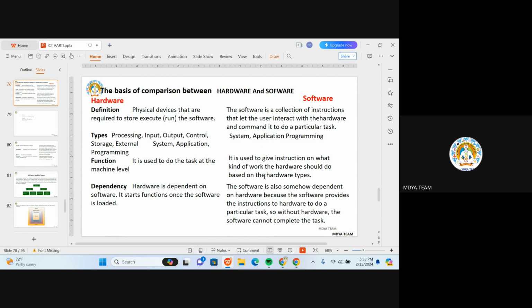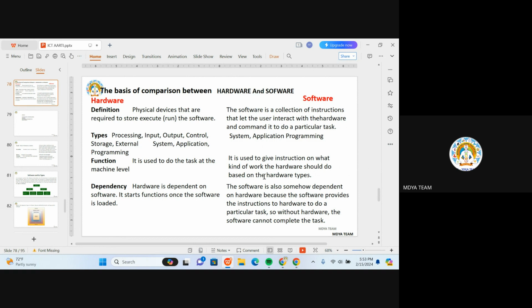So if we want to type some program, first of all I need a keyboard to give the command. That is also hardware. I am giving some command to the computer.